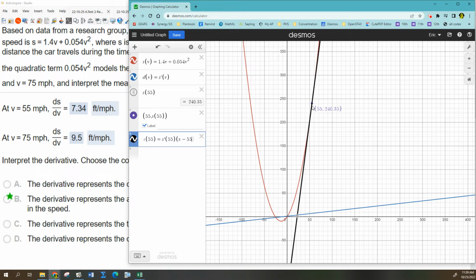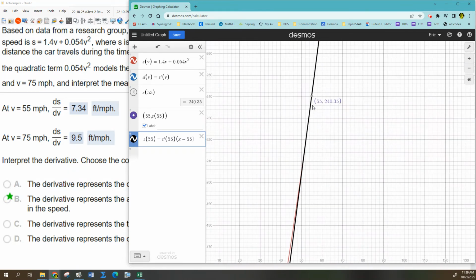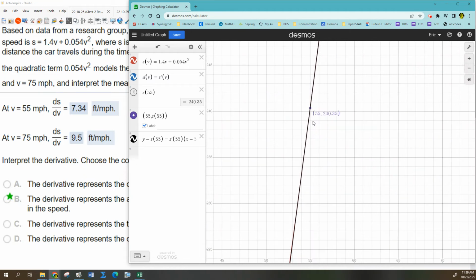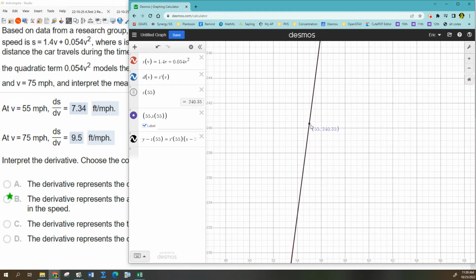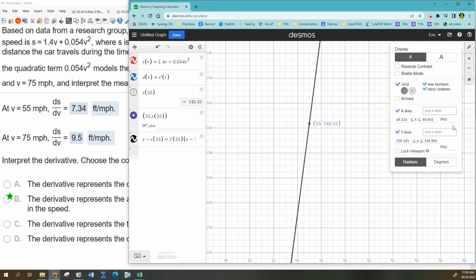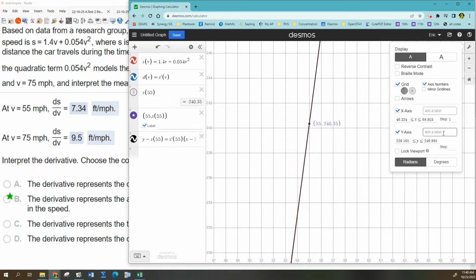Okay, so there's my tangent line. Let's focus on this tangent line for a second here. Okay, and I want to go by ones. So I'm going to go up here to the graph settings, and I'm going to make the steps 1, and I'm not going to show minor grid lines.